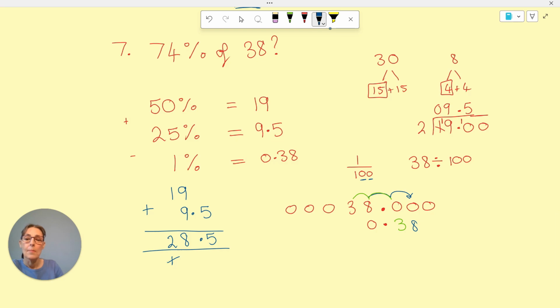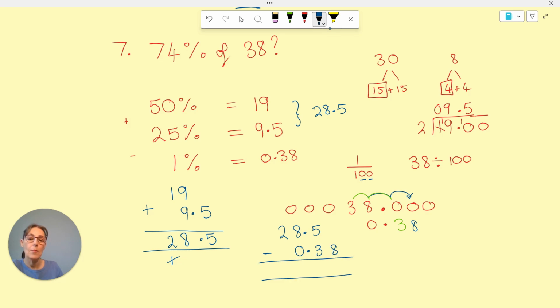So that's 28.5. But I've got to take away 0.38 from that. So let's put it down here. 28.5 take away 0.38.